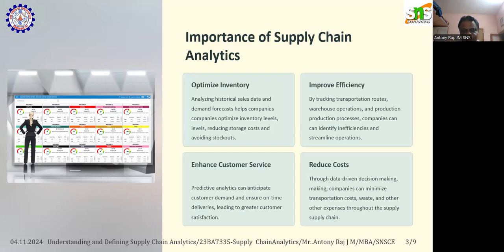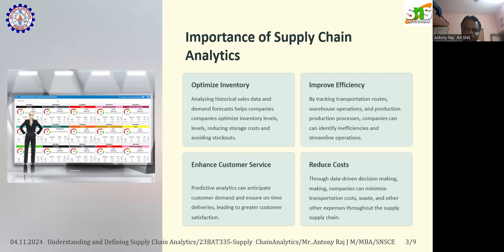Demand forecasting is going to optimize your inventory levels. When your demand forecast is very accurate, you know what to produce, and you are not going to overstock or understock. You want to stock the level required as per the demand, which also reduces the storage cost, because holding more inventory will increase the storage cost, and holding less inventory also helps avoid stockouts. So inventory is a very clear area of supply chain analytics.